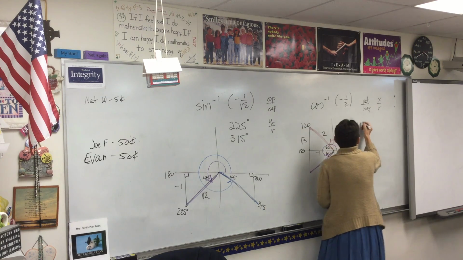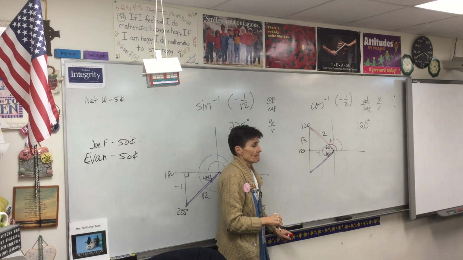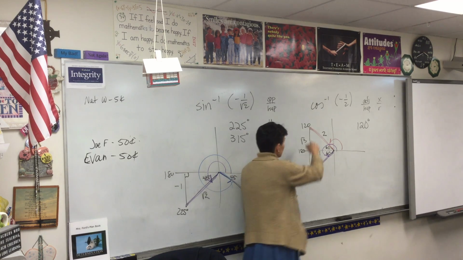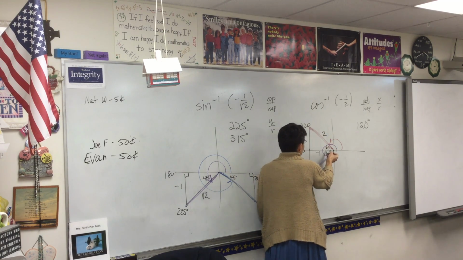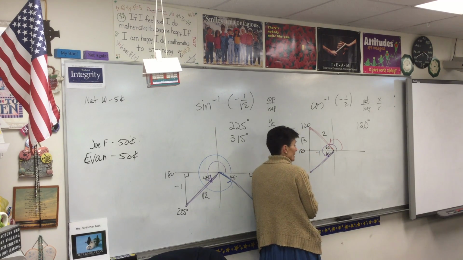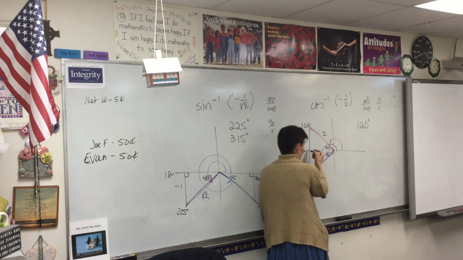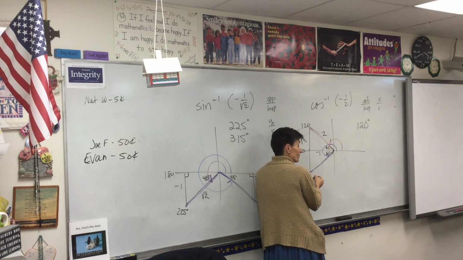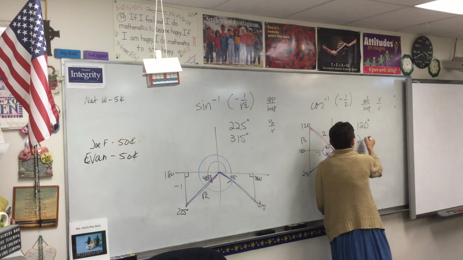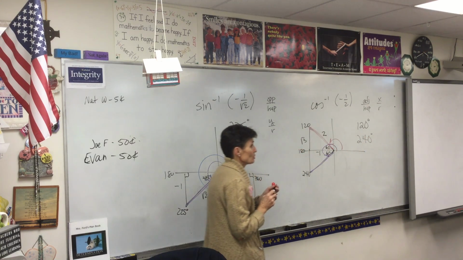So one of your answers is 120 degrees. Now this one is 60 after I got to 180, isn't it? So what would it be? 240. So the answers to this question are 120 and 240.